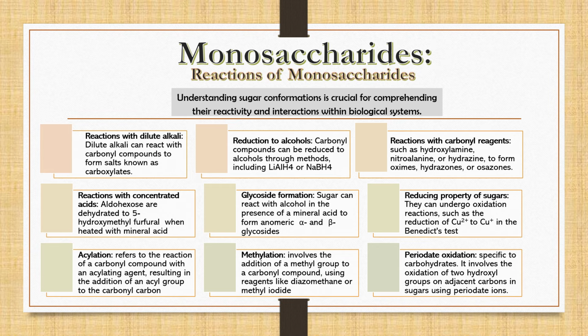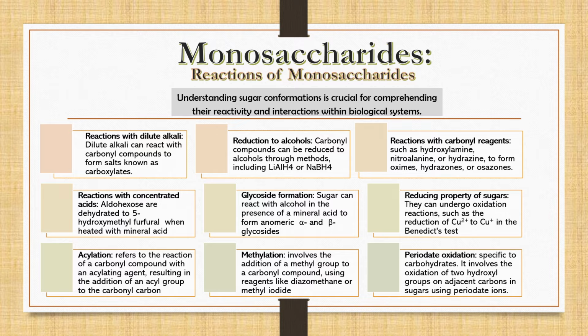This reaction can lead to the formation of new carbon-carbon bonds. Glycoside formation is a reaction specific to sugars. It involves the reaction of a sugar molecule with an alcohol, resulting in the formation of a glycosidic bond. This reaction is important in the formation of disaccharides and other sugar derivatives.